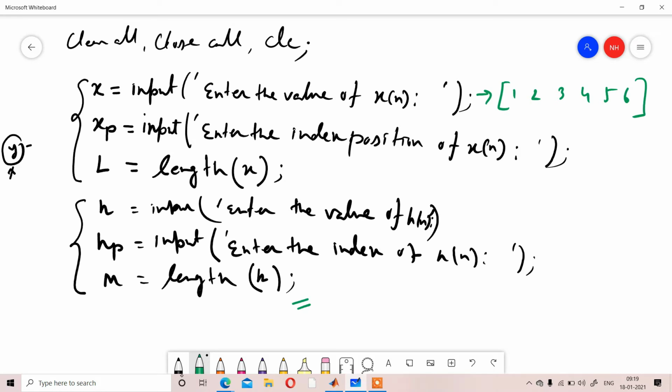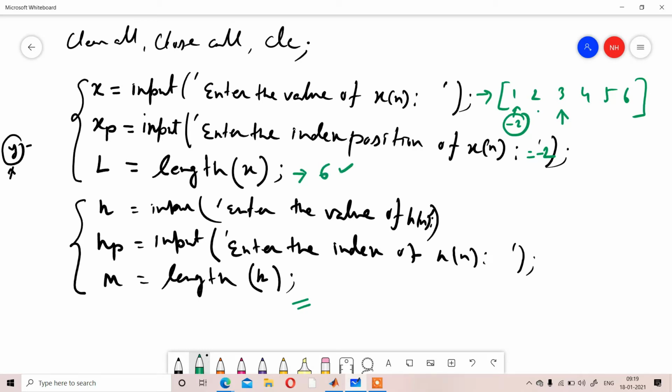If the index position is defined as -2, then the starting point will be -2, then -1, then 0. Okay, and the length will be defined as 6.